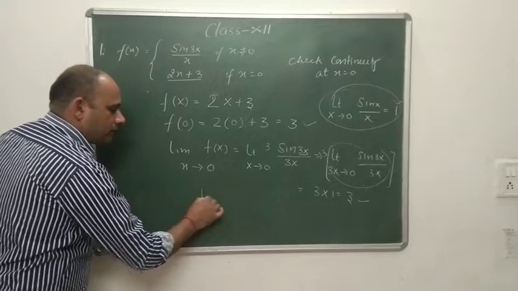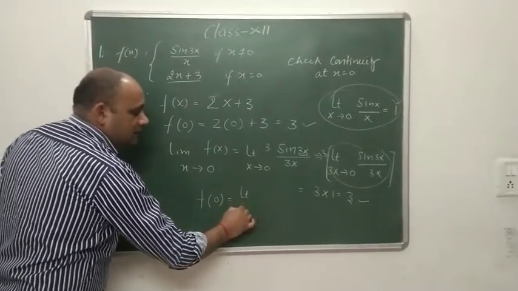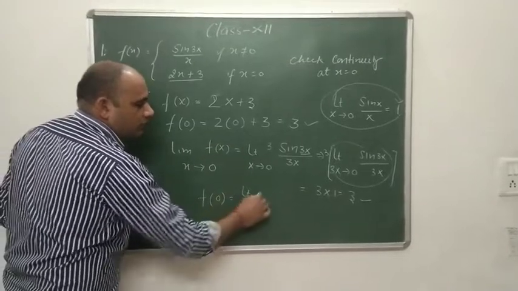Now f(0) is equal to limit x tends to 0 of f(x).